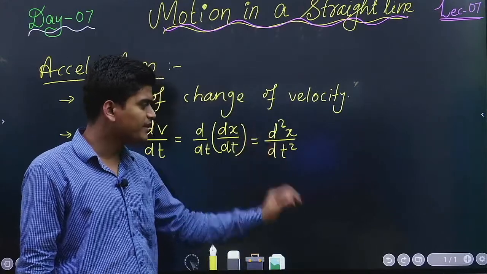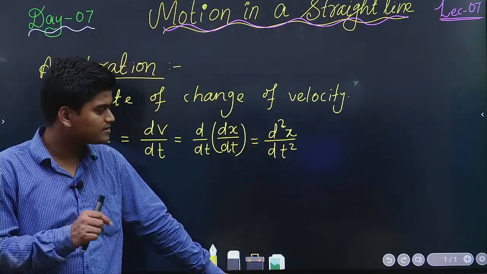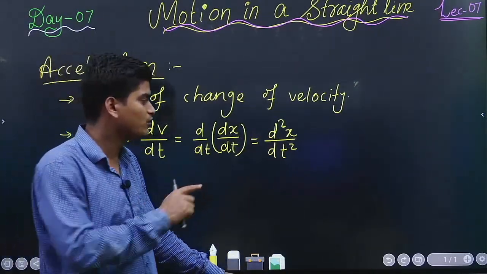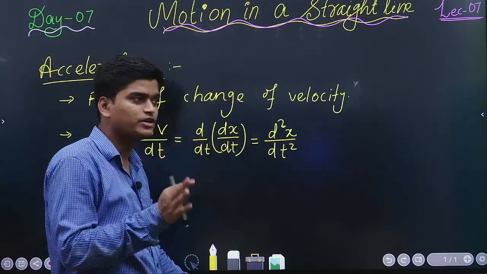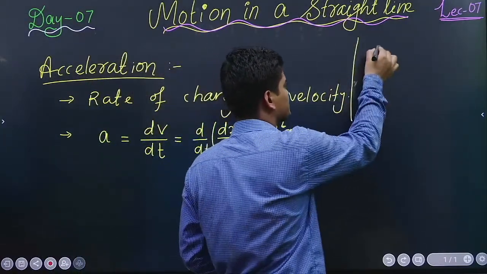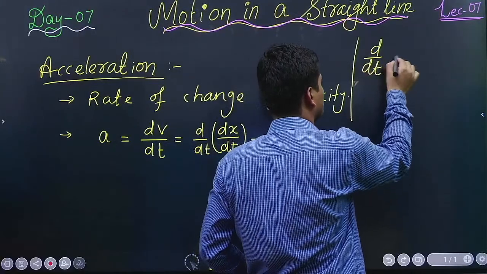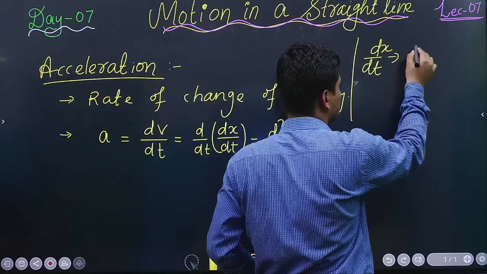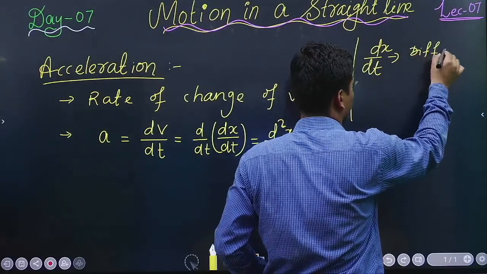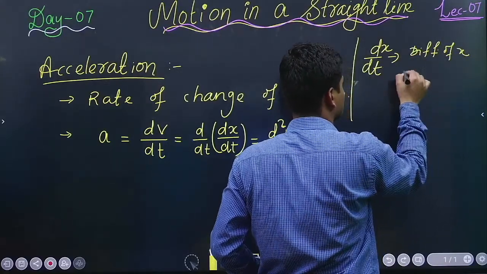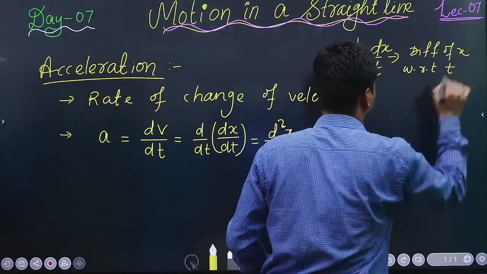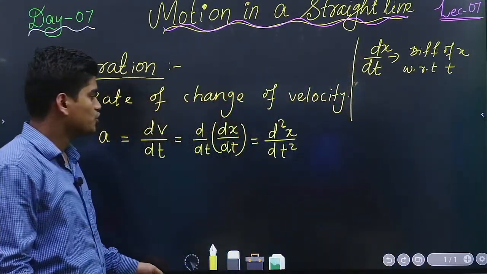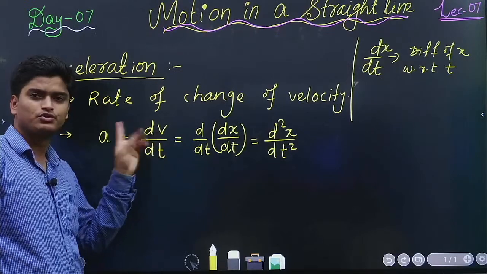And what is this d by dt term? In basic maths, in our YouTube video we have already completed what the d by dt term is. d by dt is basically differentiation of some quantity with respect to t. So dx by dt means differentiation of x with respect to t, and dv by dt means differentiation of v with respect to t.